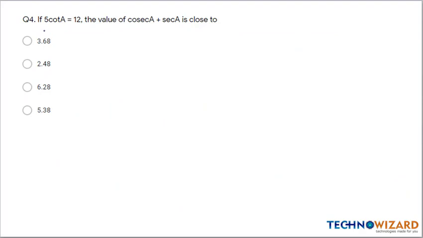This question is based upon trigonometry, that is 5 cot A is equal to 12. Cot A is equal to 12 upon 5, and we know that tan is equal to perpendicular by base, therefore cot will be equal to base upon perpendicular. Now I am making a right angle triangle.